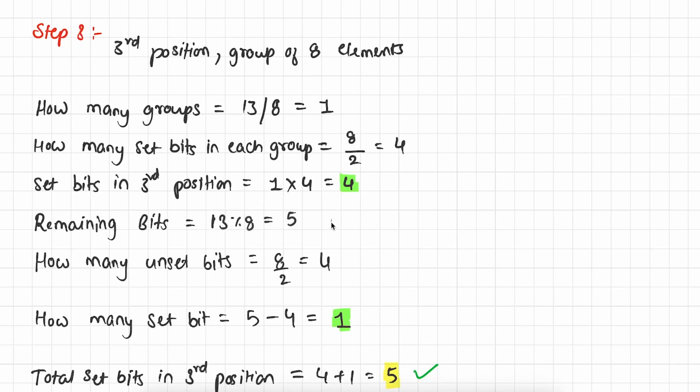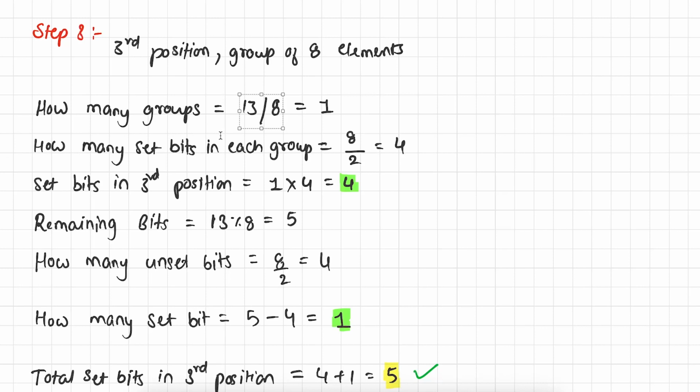Why? Because when we divide 13 by 8, we calculate how many groups of 8 elements are possible, and the remainder is nothing but the remaining bits. So 13 is divisible by 8 one time and 5 is the remainder. It means 5 bits are still there.